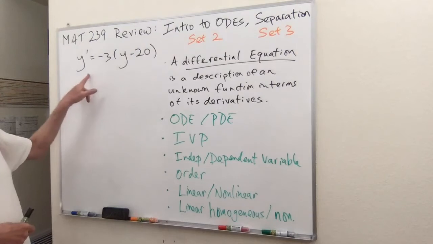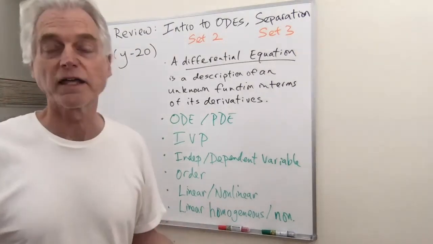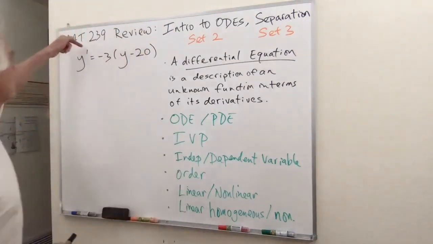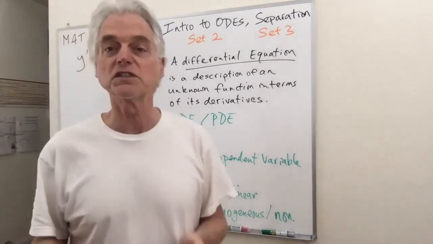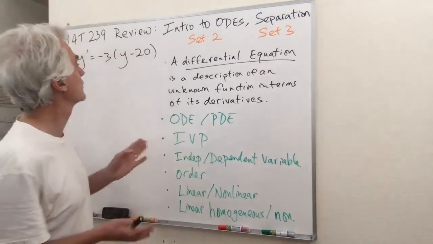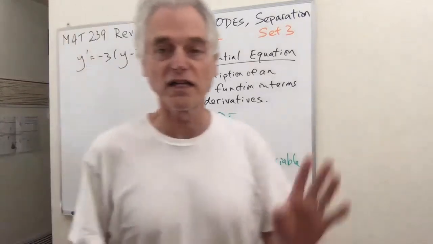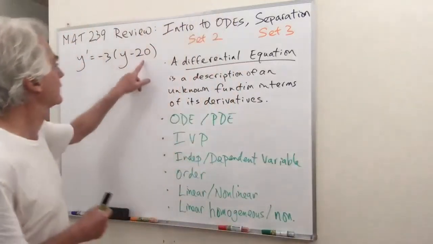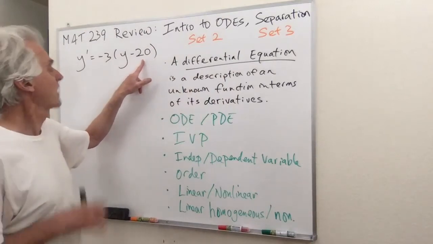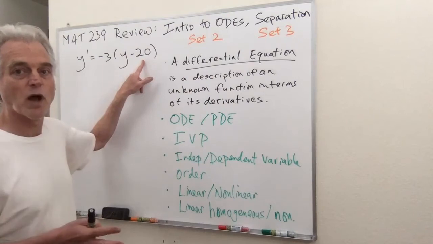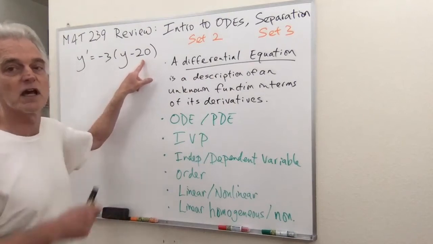The dependent variable here is y. It's first order, single derivative. It's linear, but non-homogeneous. There's no y squared, no sine of y, no e to the y. But there is that constant there. I can tell it's non-homogeneous because y equals 0 is not a solution.